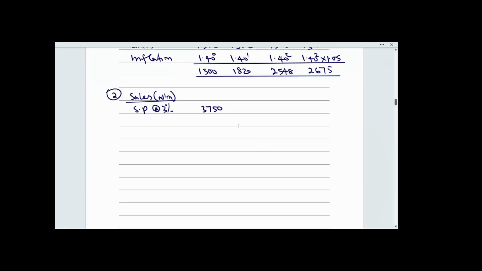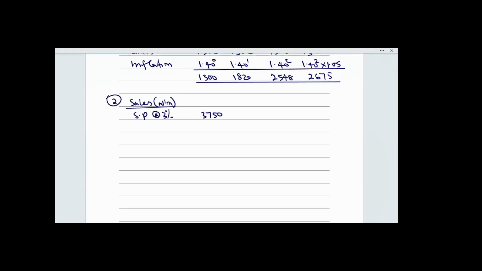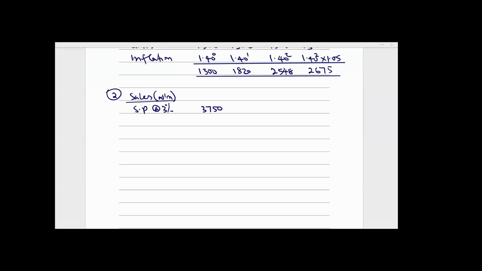Again, no need to be doing primary school. The primary school method is a waste of time. So I would then say 1.03. Inflation is 1.03 multiplied by 3,750 equals 3,863.